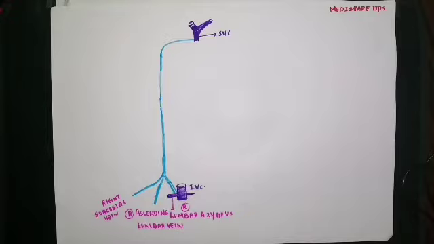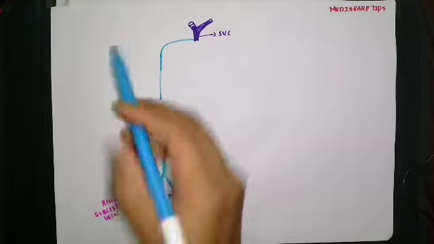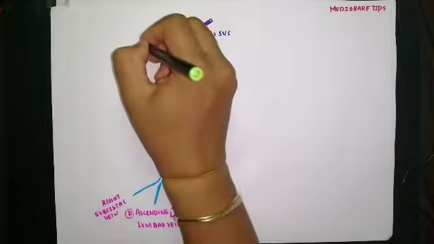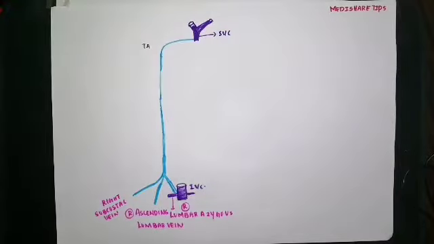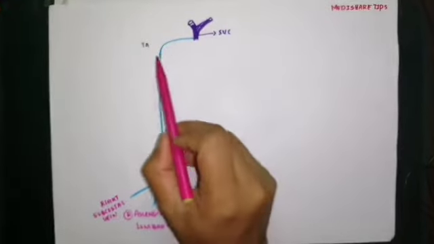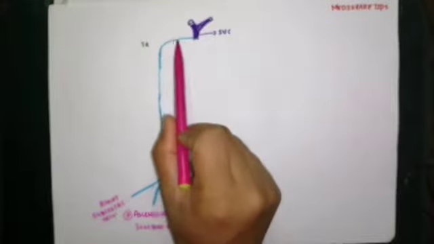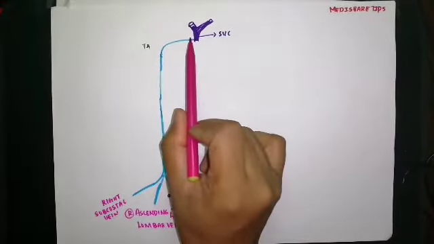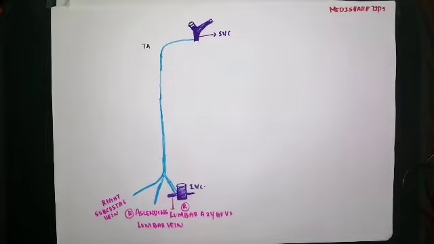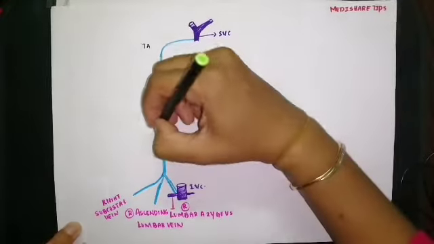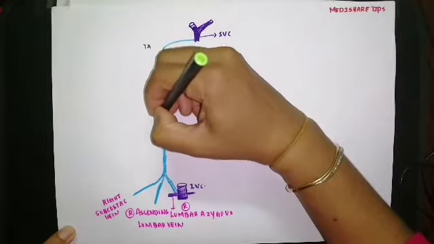On entering the thorax, it ascends upwards, and at the level of T4 it takes an arch around the root of the right lung, and in the middle mediastinum it joins the superior vena cava. So this is the Azygous vein.